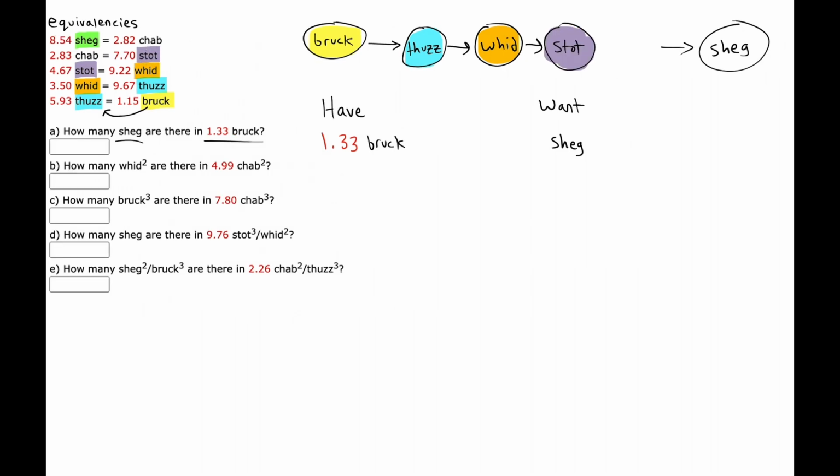And next I'll go to the unit called chab. At that point, I can finally get to my desired unit, which is sheg. So this problem requires 5 conversion factors.